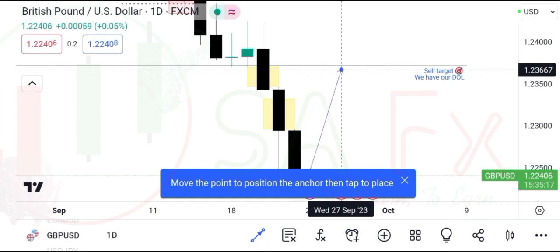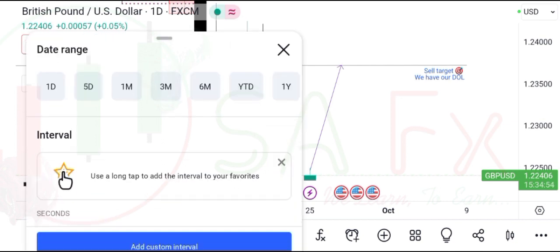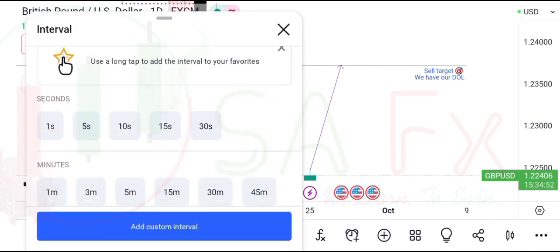So there's a high chance that we expect a move back to our sell side liquidity before experiencing a sell program. So for now, we probably might be anticipating a buy program. Now, that's the targets on daily.